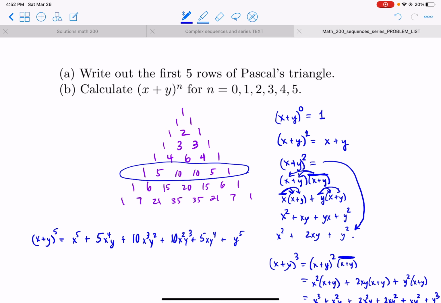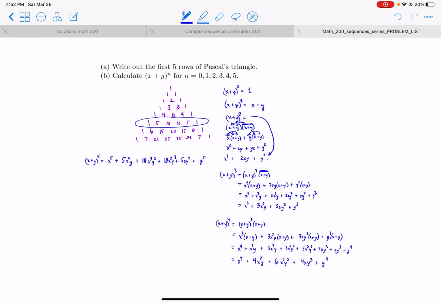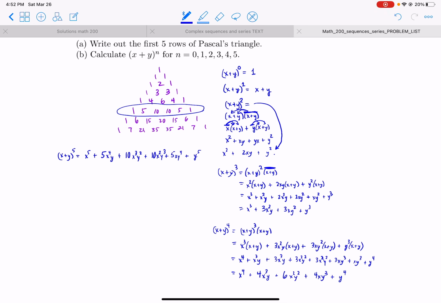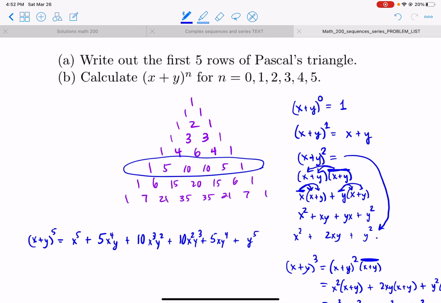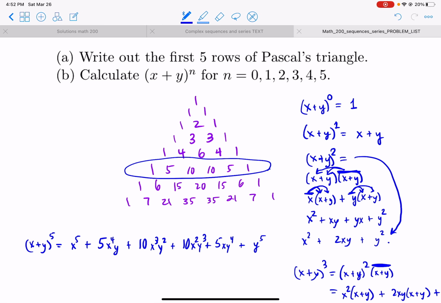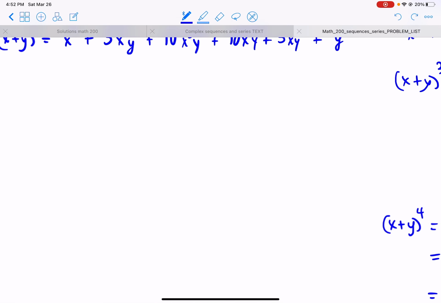Thank you for watching this fascinating thing. You should really just do this a lot, because the faster you are with this, the better the rest of the class is going to go. Not only are we going to have to do like x plus y to the fifth, but later for Taylor series, we're going to have infinite summations of some derivative at a point, but we're going to multiply it by x minus a to the n.